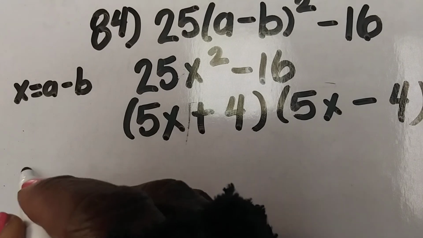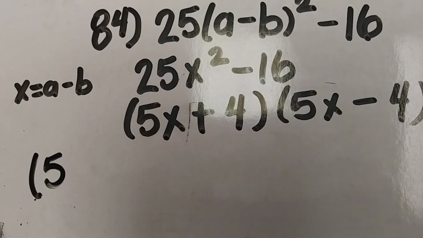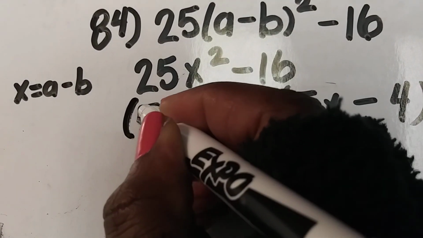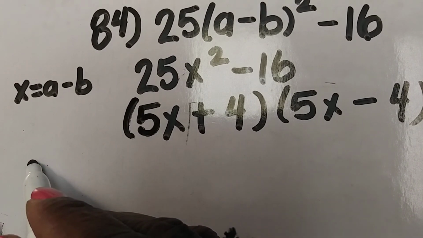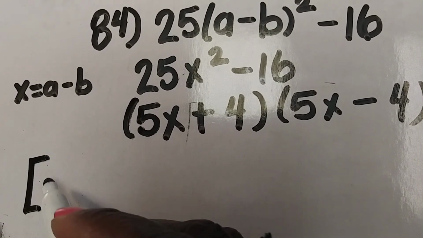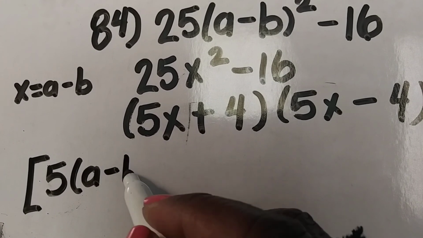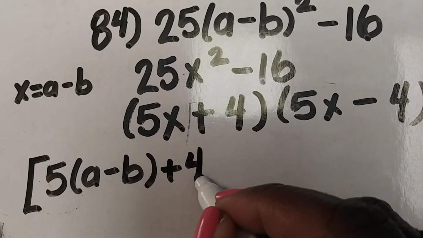Now let's look at this. We have 5, and I'm going to change it up a little bit. I'm going to use a bracket instead of parentheses. It's okay. If you don't like the bracket, do all parentheses. So I have a 5, and then where x is, I'm going to do a minus b. And then bring down that plus 4.